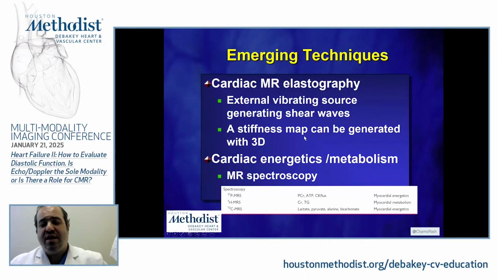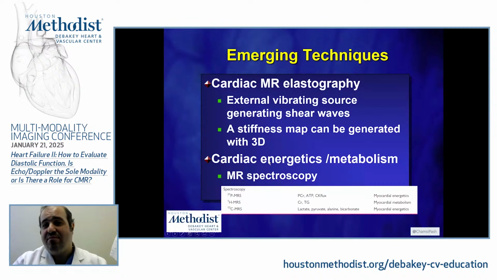Are there new emerging techniques on the horizon for MRI to look at measurements of myocardial stiffness? There are, using MR elastography, which is an external vibrating source that can generate shear waves. Then, using a 3D model, we're able to generate a myocardial stiffness map.